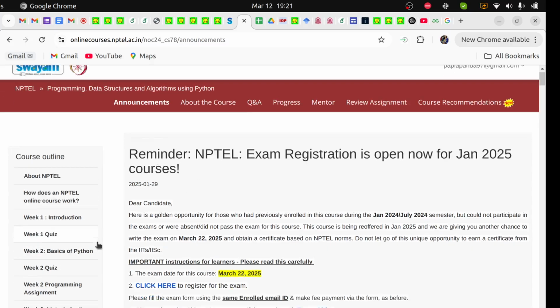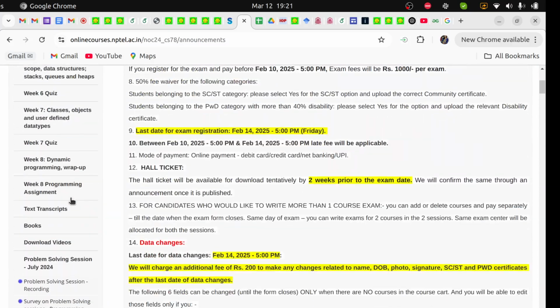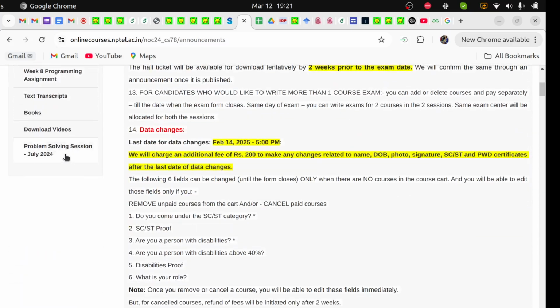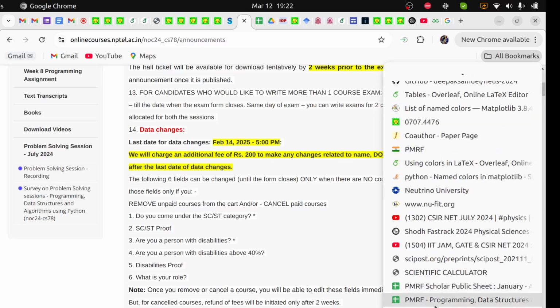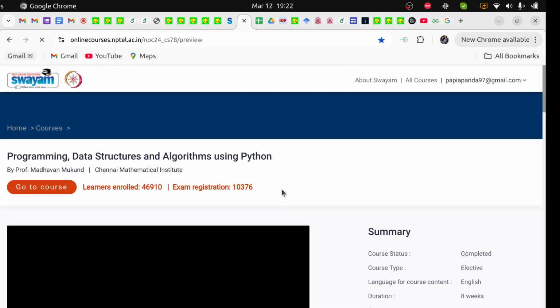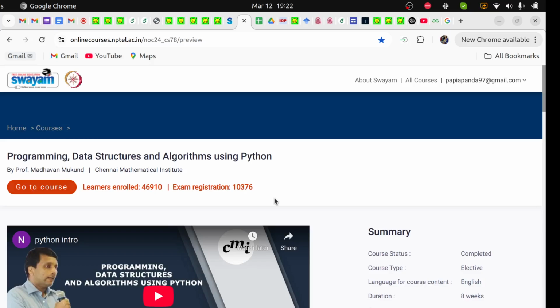If you see this type of page, then you can come here at the very last. There is a problem solving session. It should be 2025. This is 2024.